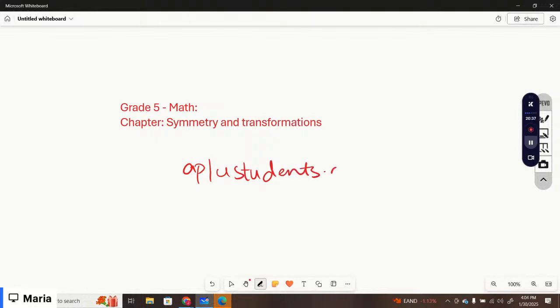You have to log in there using your email address, and the password is provided by the administrator. Then you have to select math from the subject tab, scroll down to grade 5 math and then click on view all lessons. There you can find a list of the chapters. We're going to start with the chapter symmetry and transformations.